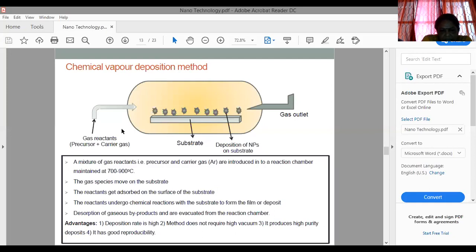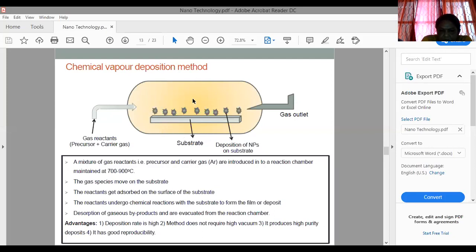So it can be simple metal nanoparticles, or metal oxide nanoparticles, or organometallic nanoparticles, anything. So whatever nanoparticles we want to prepare, the precursor should be converted into gaseous form, and then that gas is mixed with a noble gas like either helium or argon, and it should be taken in the reaction chamber.